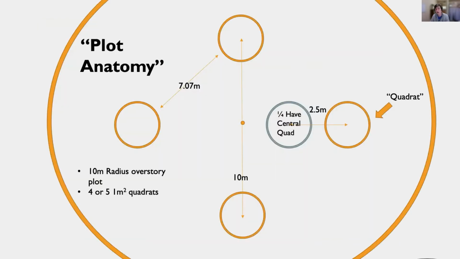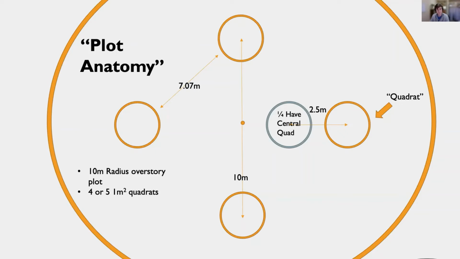Each of those dots on the previous map I showed represents one of these overstory plots, and within them we have these understory quadrats, which are 1 meter squared circular areas where we surveyed vegetation, everything below 1.4 meters. And we estimated cover for those. Additionally, some of the plots have a central quadrat, this one that's at the 2.5 meter distance from the next closest quadrat.